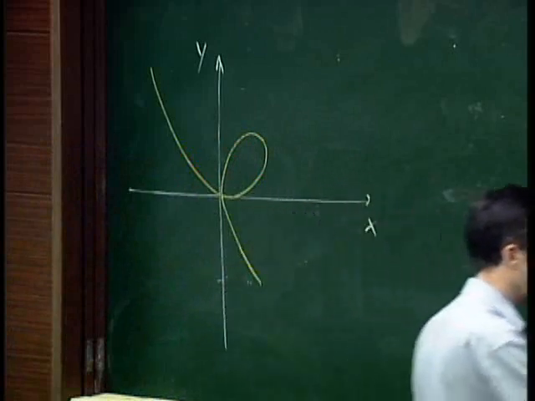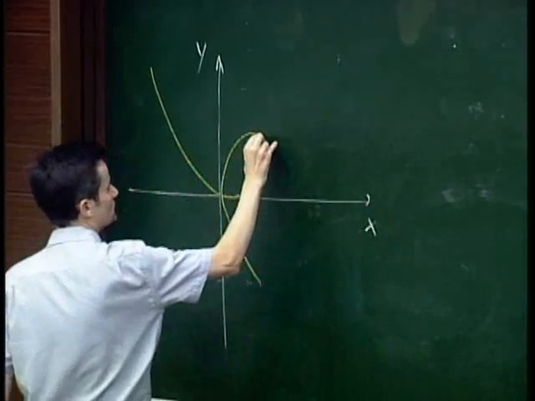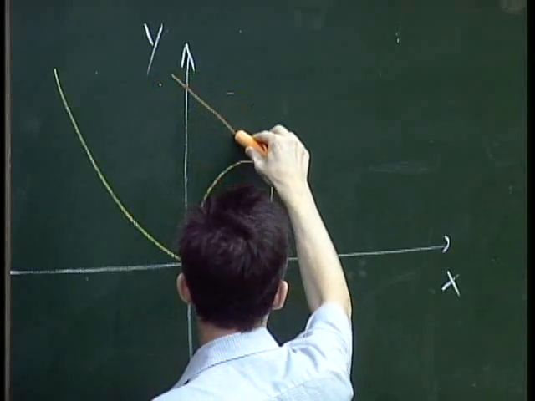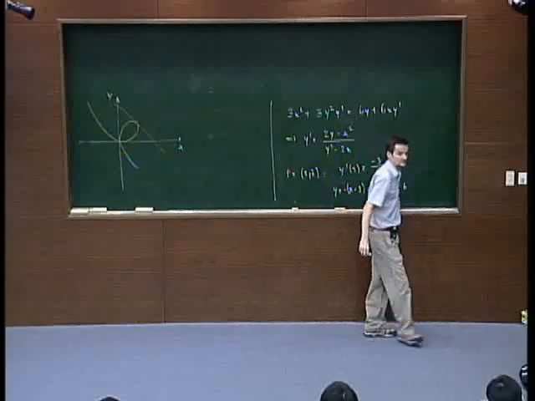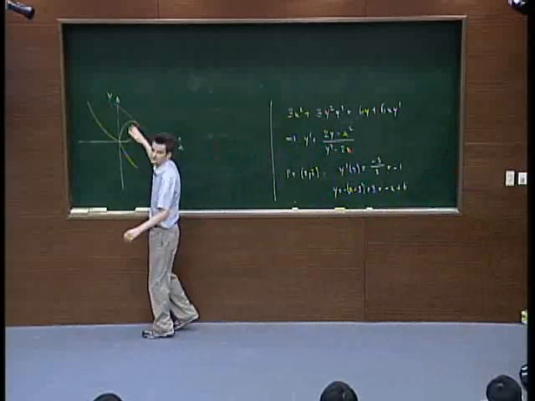Okay, so the point we have discussed here is exactly this point here. And you see already a little bit from the graph that the tangent has slope minus 1, and it's also shifted.